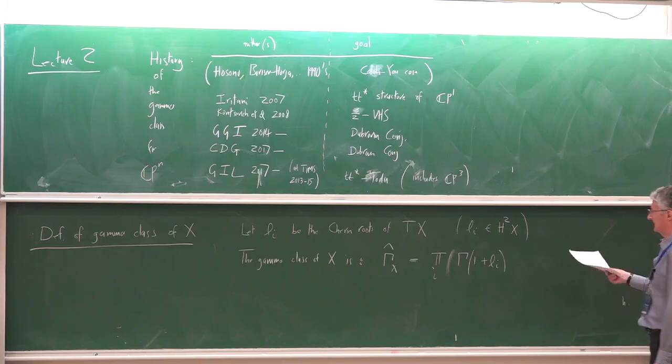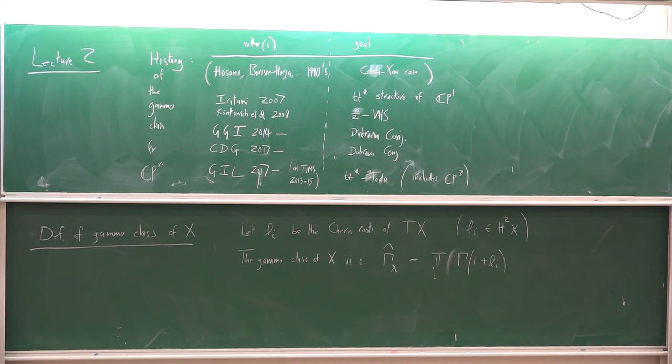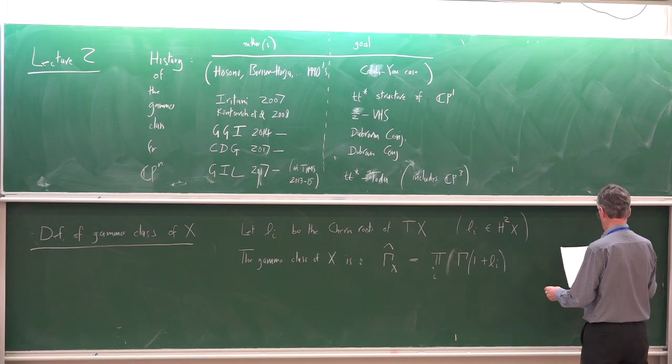The number of Li's depends on the case, right? It's like you consider the stable tangent bundle. So it's n plus 1 in the case of CPN. And this is what it is.